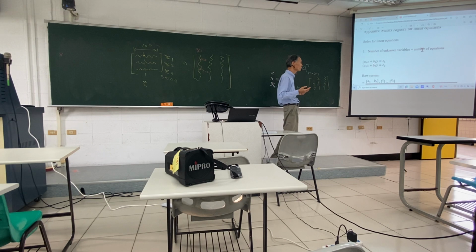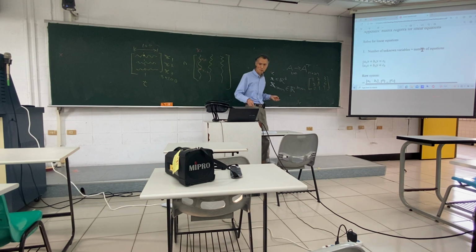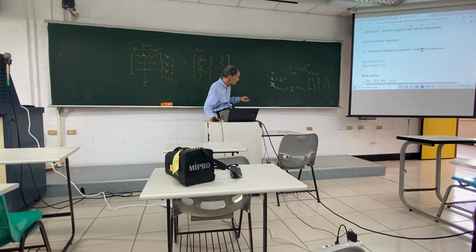So if you want an exact solution, the number of linear equations must be equal to the number of variables. To solve these linear equations, we can go for the row system, which means we apply A1, A2 here and B1, B2 here to form a 2 by 2 matrix.